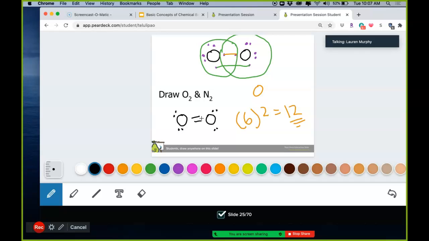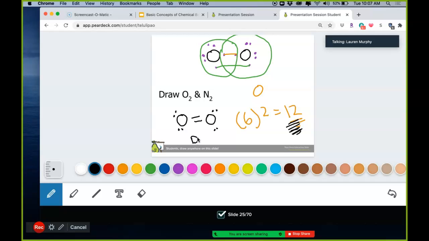2, 4, 6, 8. 2, 4, 6, 8. Now make sure you only have 12 electrons. 2, 4, 6, 8, 10, 12. Beautiful. This is diatomic oxygen. It has a double bond. Now I need to teach you this.